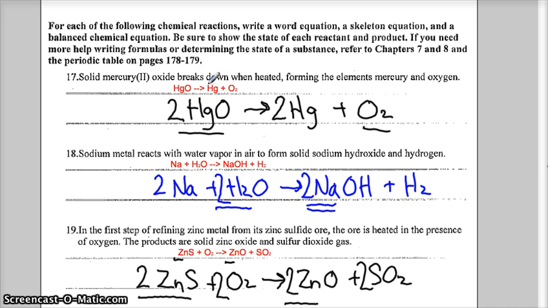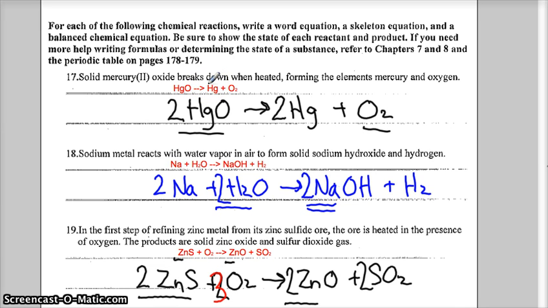So let's see here. Actually, we have 4 oxygen plus 6. So actually, my mistake, we're going to make this into a 3. Okay. I believe that's correct.